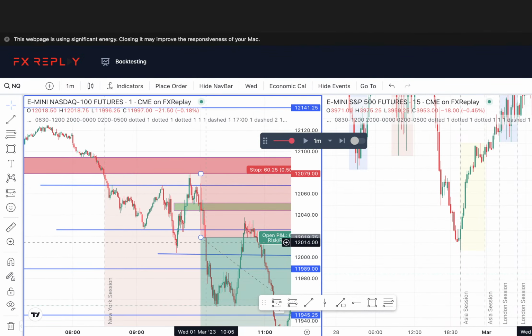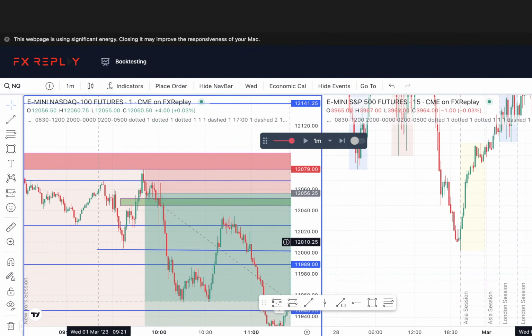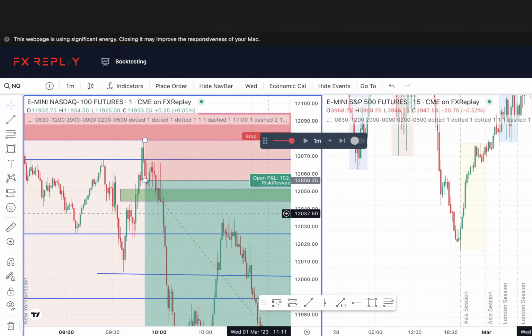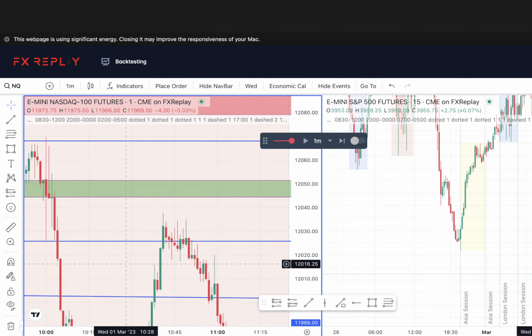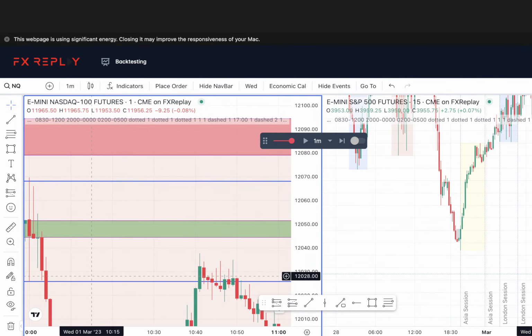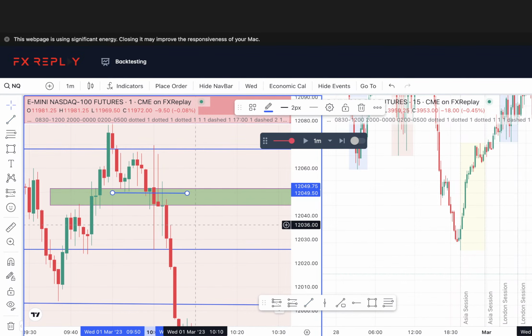That wick was way up here, so we didn't even need those extra liquidity sweeps. Once we got a candle close below this low, that's our entry.